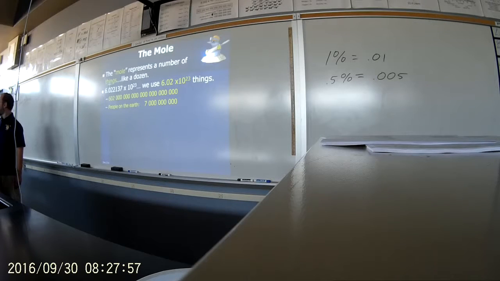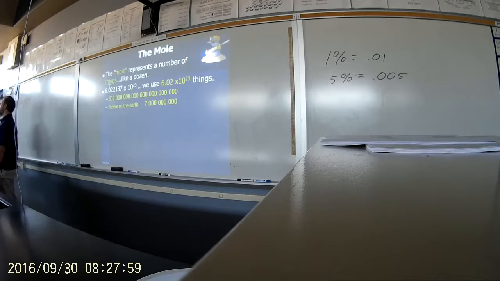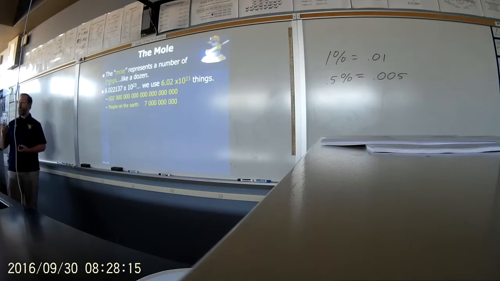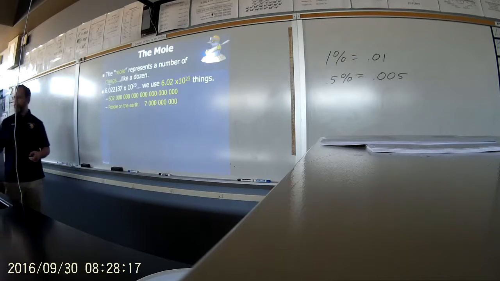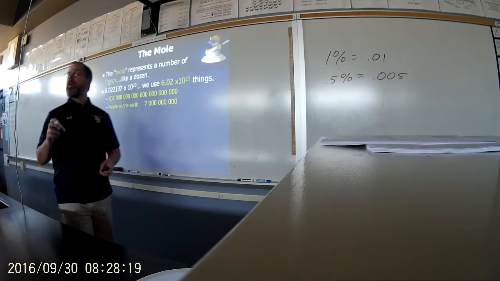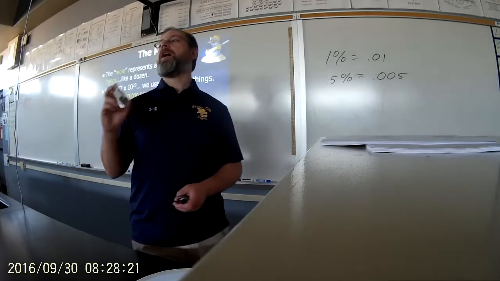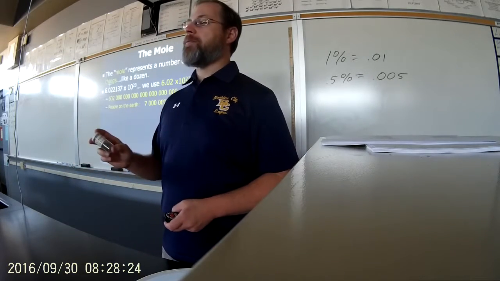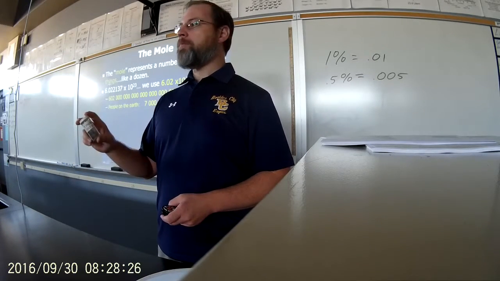I did the math. If you look at the periodic table for copper, copper has a molar mass of 63.546 grams per mole. That means if you have 63.5 grams, you have 1 mole of copper atoms.